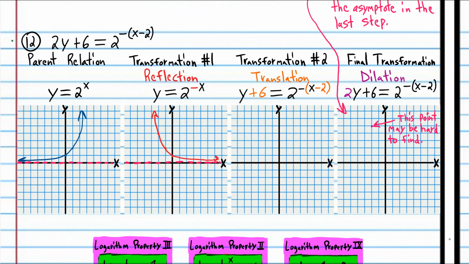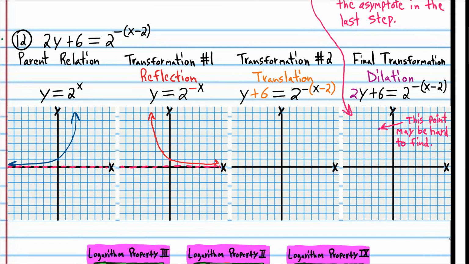So you should be familiar with the transformations. Now we're going to translate. We're going to replace y with y plus 6, and we're going to replace x with x minus 2. So that's going to move the graph 2 units to the right and 6 units down.